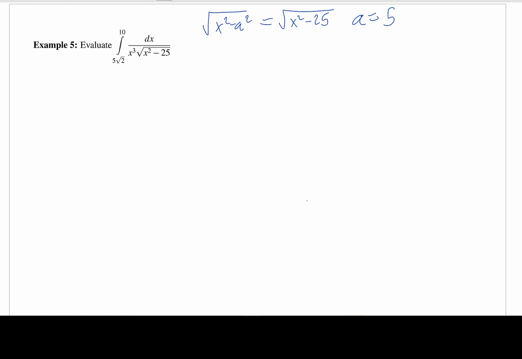So this tells me that we're supposed to use x equals a secant theta, so that'll be 5 secant theta, which means that dx is going to be equal to 5 secant theta tangent theta d theta.